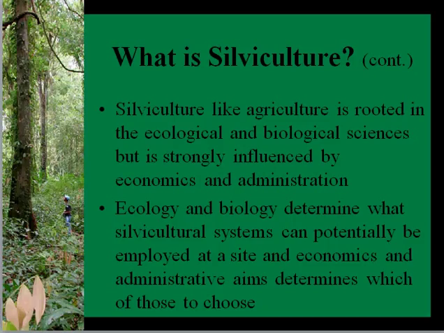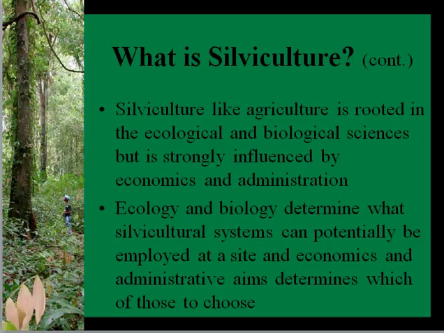If your administrative aims and goals mean that you want to establish a natural forest with a combination of different species in a more or less natural ecosystem, then you would choose your species accordingly, which ecology and biology will allow you to plant at that particular site.